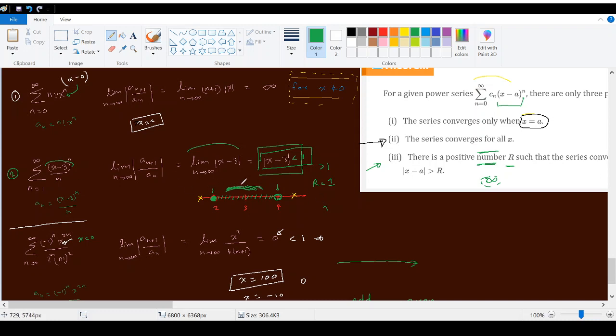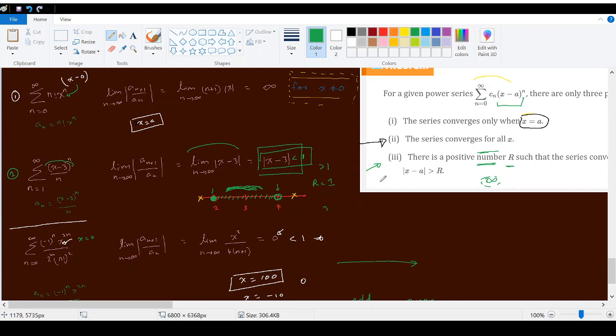And also we proved that if it is outside that region, that means this one or this one, if we choose x from one of these two regions, the series diverges.